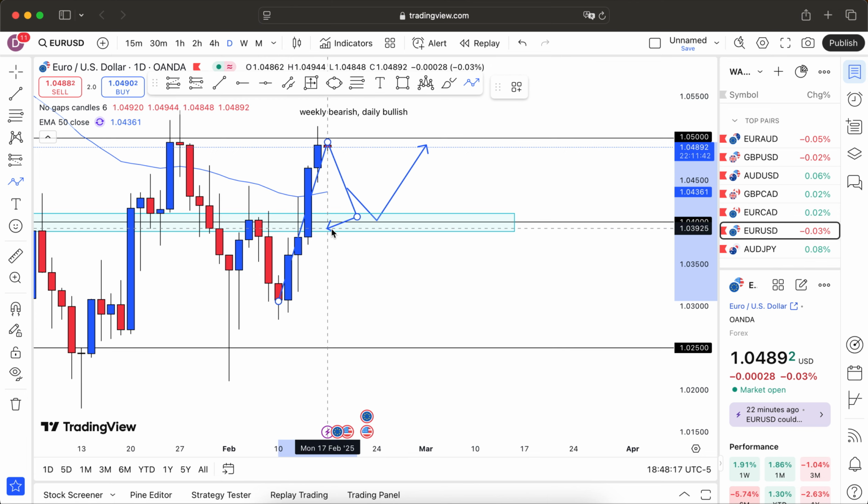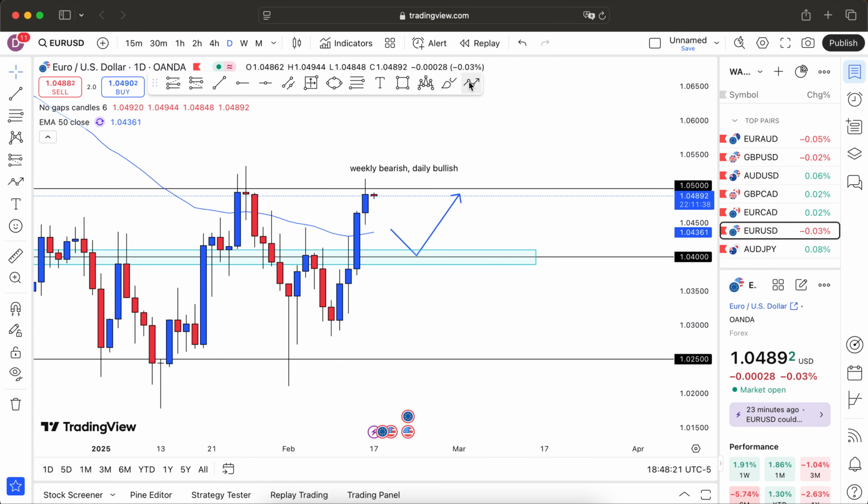However, I doubt it. I doubt that the price is in fact going to retrace all the way down here. I believe that it may even retrace down just a little above that area of interest.